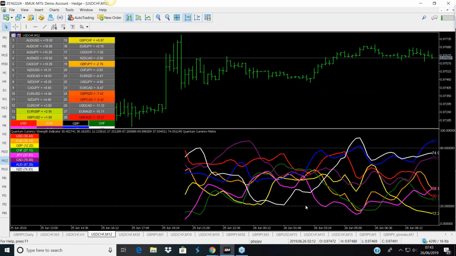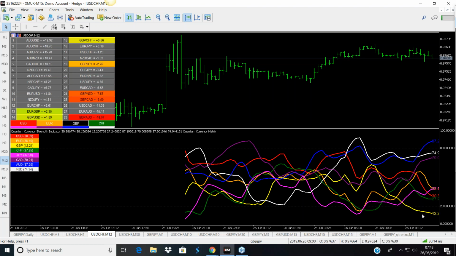Those of you who have it already will know this is where we have deconstructed this market into individual currencies. So every line represents a currency, and the currency that we have been looking at this morning is actually the sale of the British pound, which is this yellow line here. You see it's falling quite strongly. This is on the 12-minute chart.